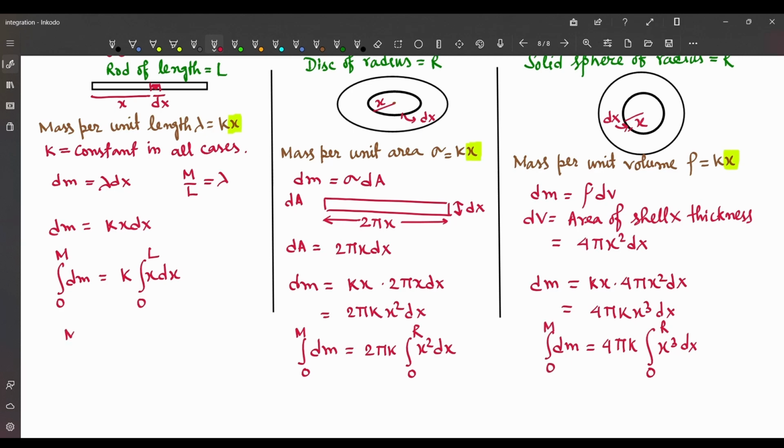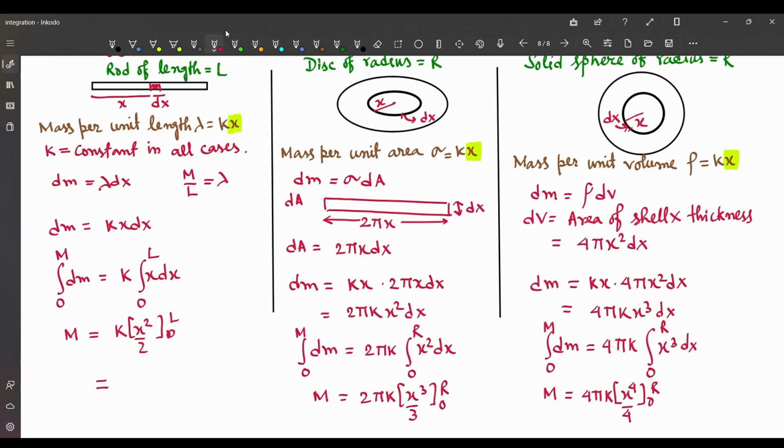So the mass of the rod is m equal to k x square by 2, and the limit is 0 to L. Here the mass of the disc is m equal to 2 pi into k x cube by 3, limit is 0 to r, and the mass of the solid sphere is m equal to 4 pi k x to the power 4 by 4, limit is 0 to r.